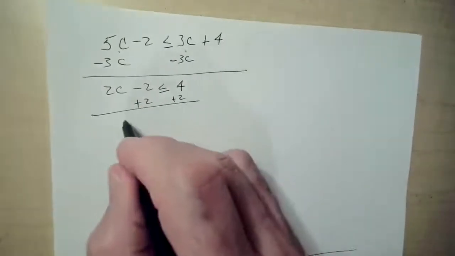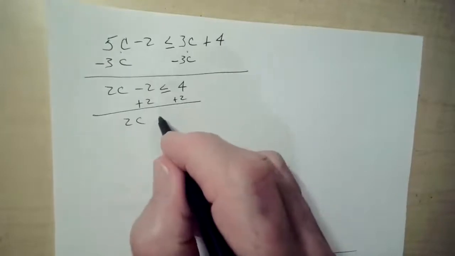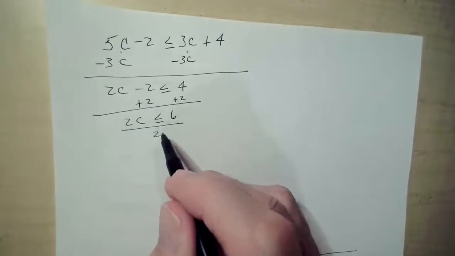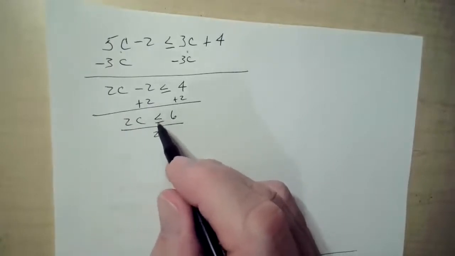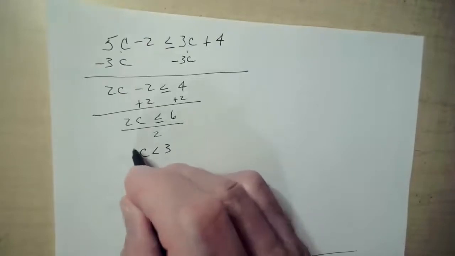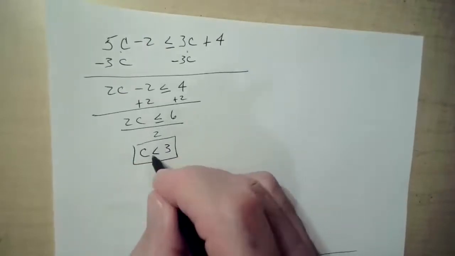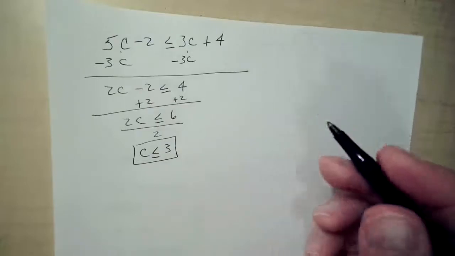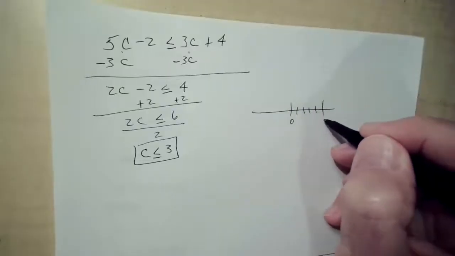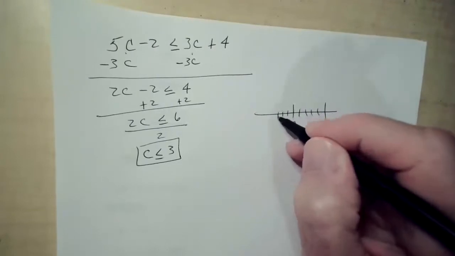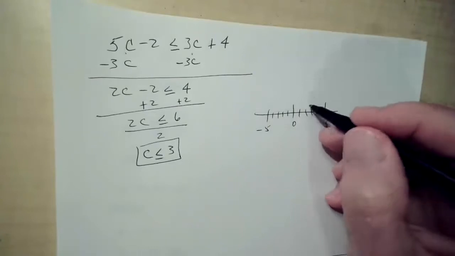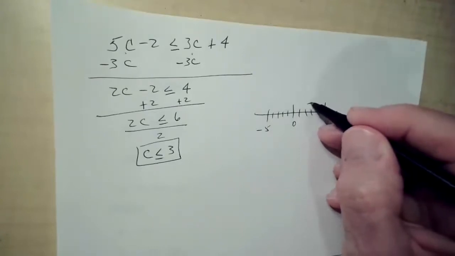Okay. Add 2 to each side. 2C less than or equal to 6. Divide by 2. We're dividing by a positive number, so our sign's not going to flip here. So C is going to be less than or equal to 3. Okay, 3 is here.